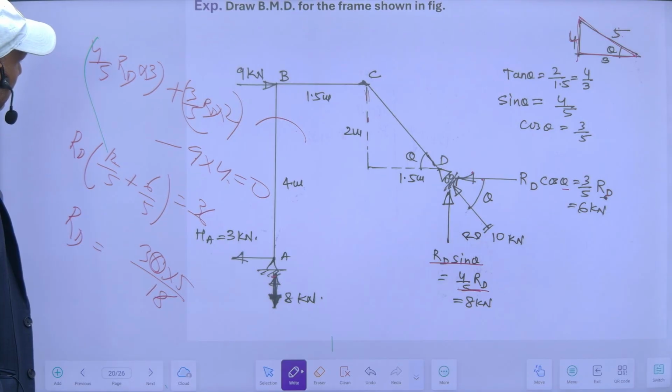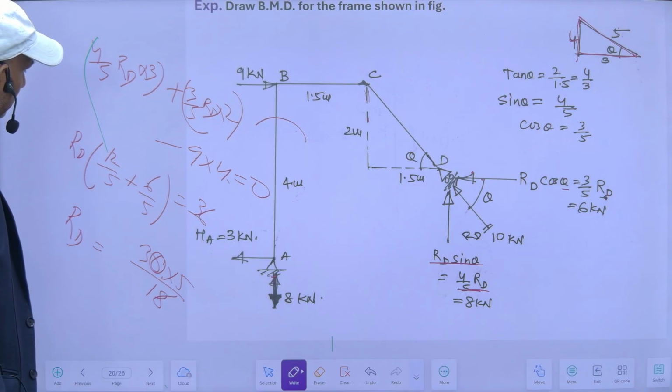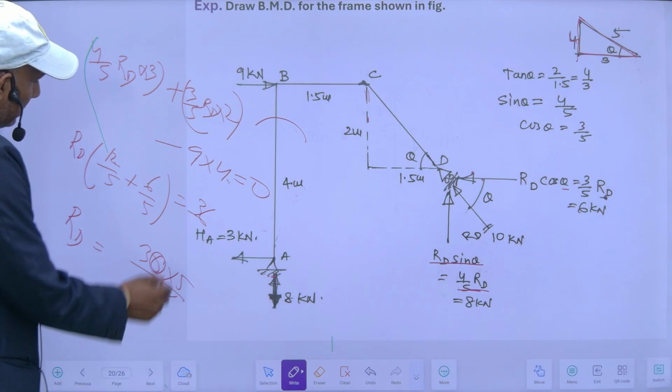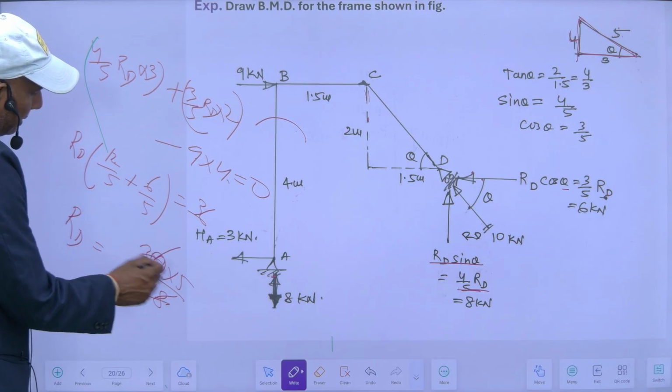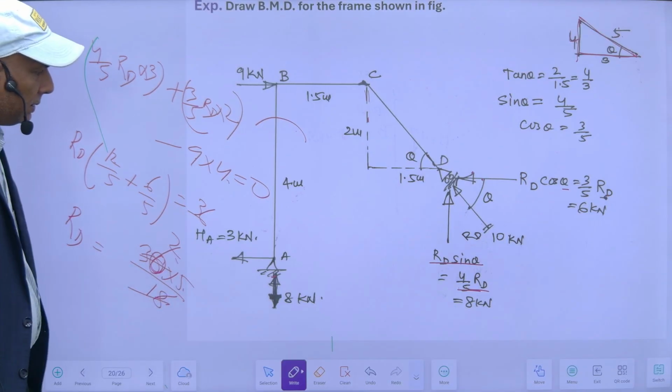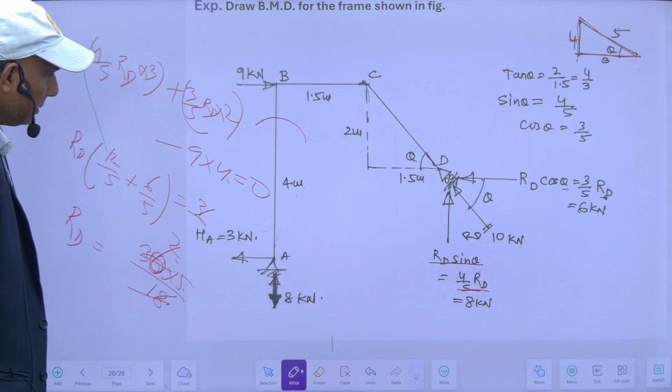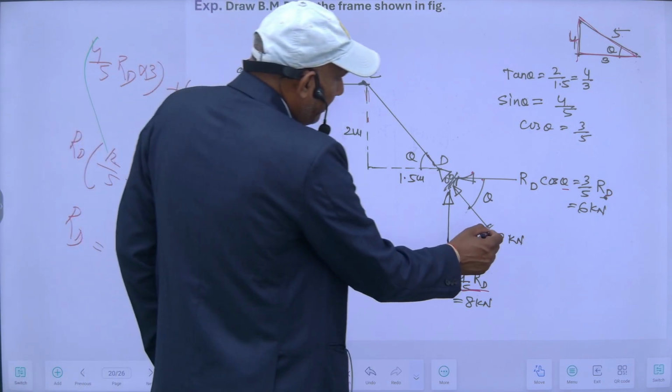It will be 12 upon 5 plus 6 upon 5, so 18 upon 5 Rd equals 36. So Rd will be 2 into 5, which is 10 kilonewton.